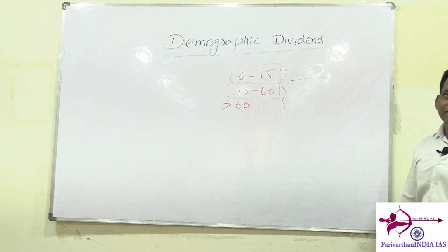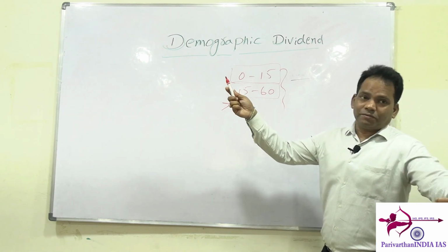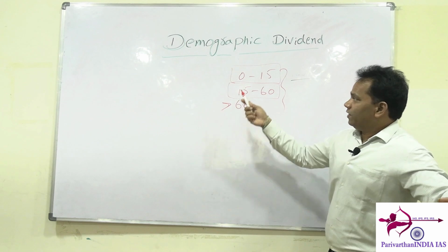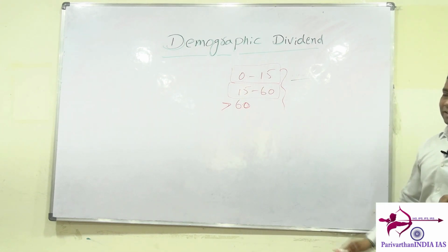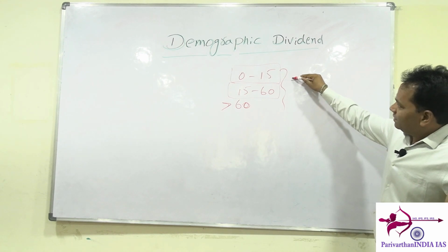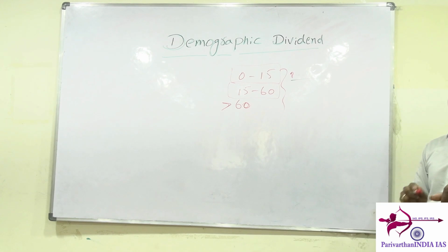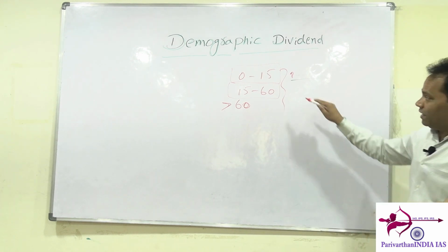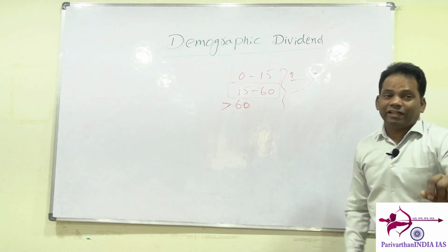Whereas India is a young country, where this is rising swiftly, whereas this is increasing slowly. It is still rising, but with less growth. However, it is swiftly increasing. This is also increasing.